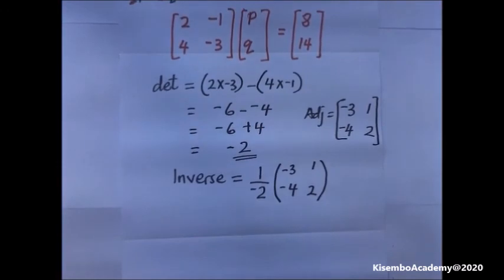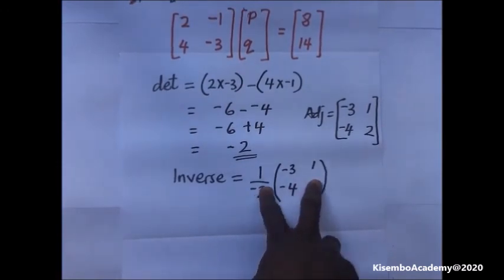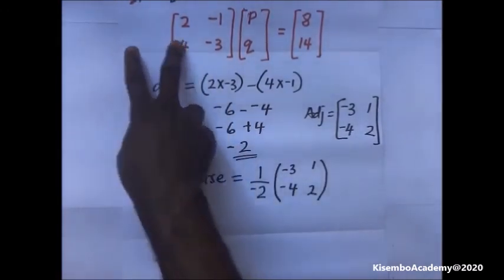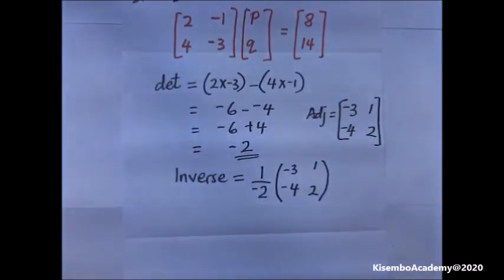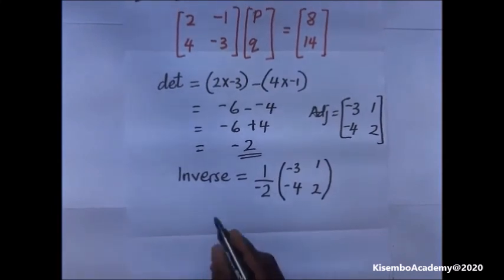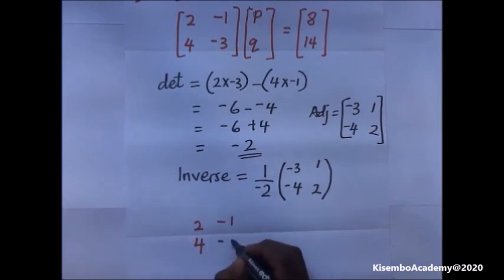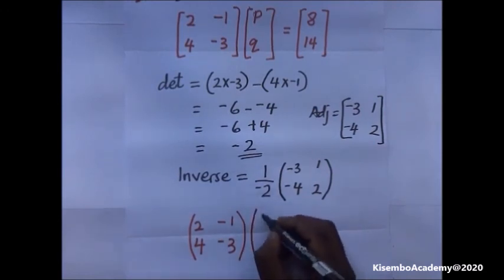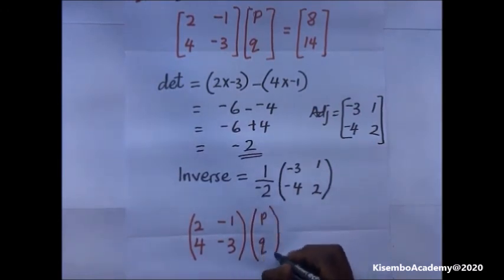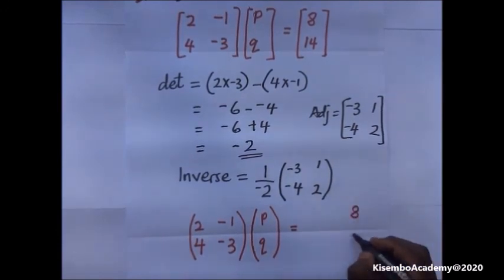So after getting our inverse, we are supposed to multiply the inverse on this side of the equation and that side. So bringing this back, it's going to become 2, 4, -1, -3 times PQ is supposed to be equal to 8, 14.